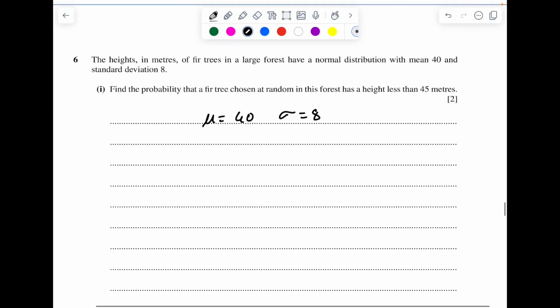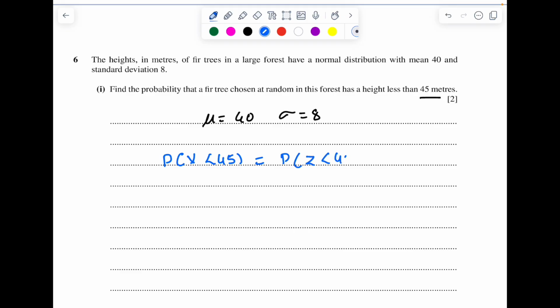Find the probability that a tree chosen at random in the forest has a height less than 45 meters. Probability of x less than 45. So probability of z less than 45 minus 40 divided by 8. So probability of z less than 0.625, which is going to be 0.734.